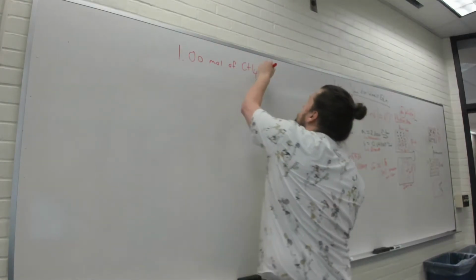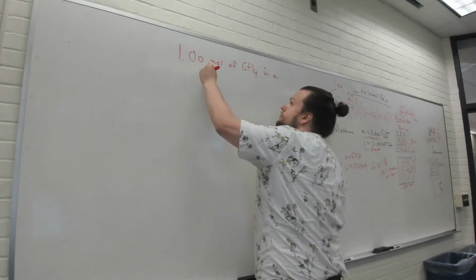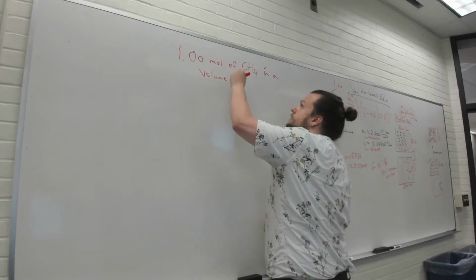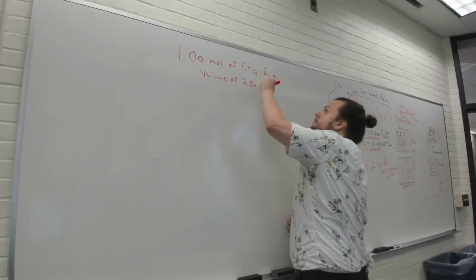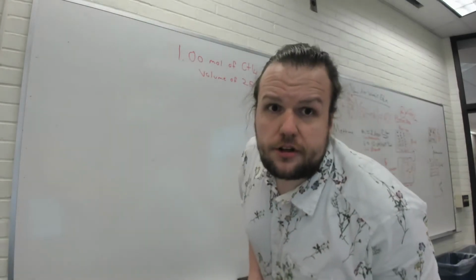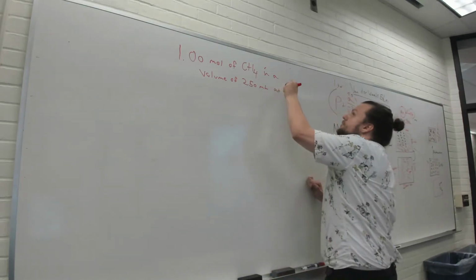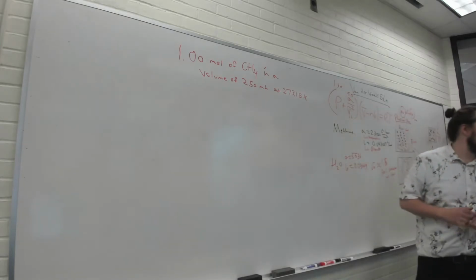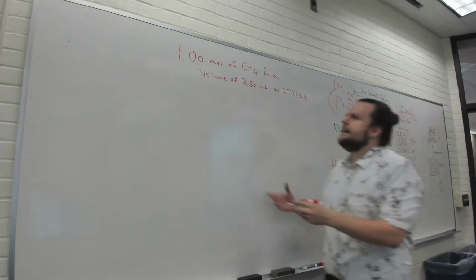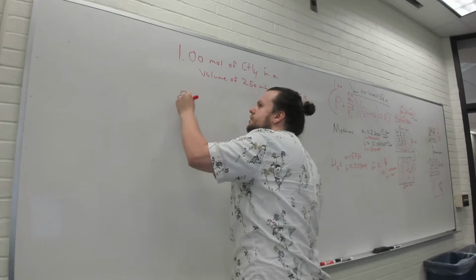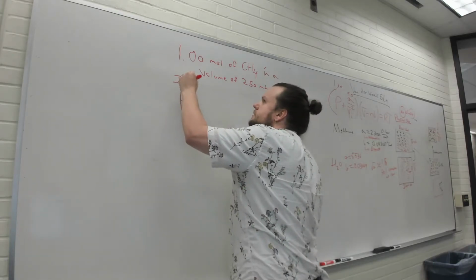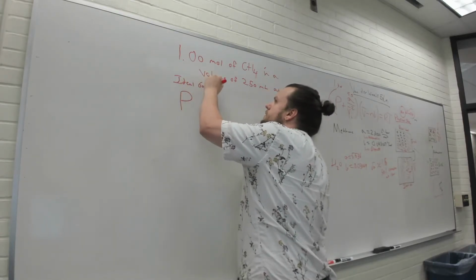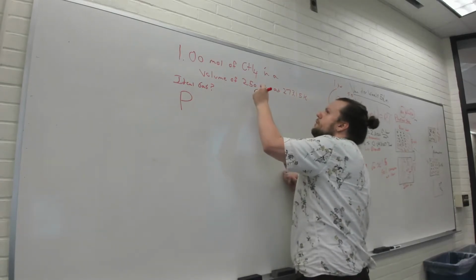Our volume is 250 milliliters. At temperature 273.15 Kelvin, or rather 0 Celsius. Okay, so let's ask the question: what's the pressure for an ideal gas? And what's the pressure for a van der Waals gas?